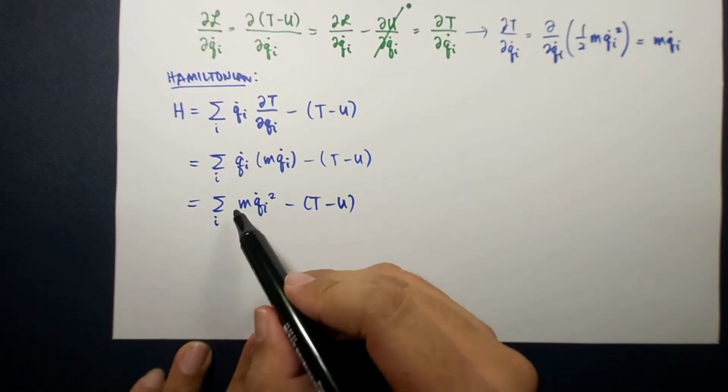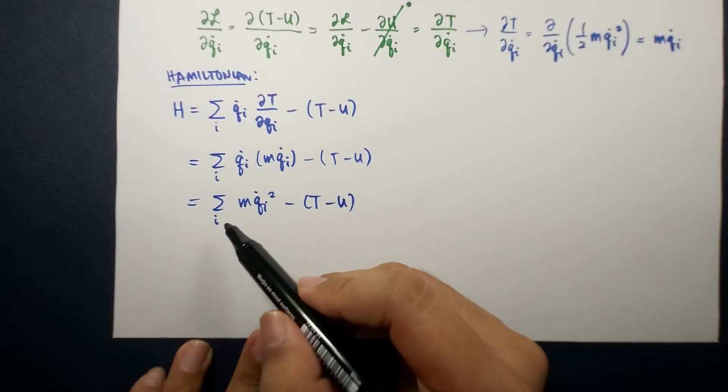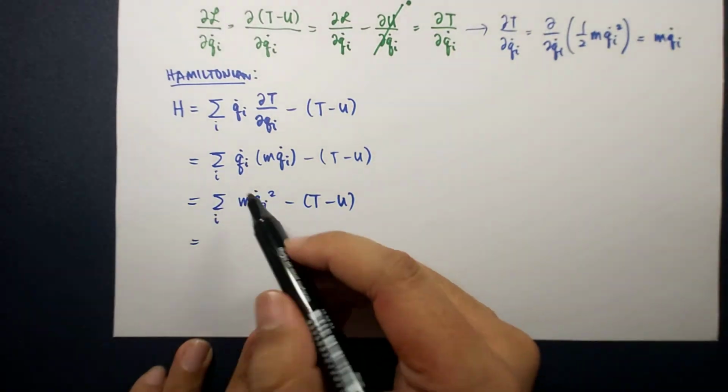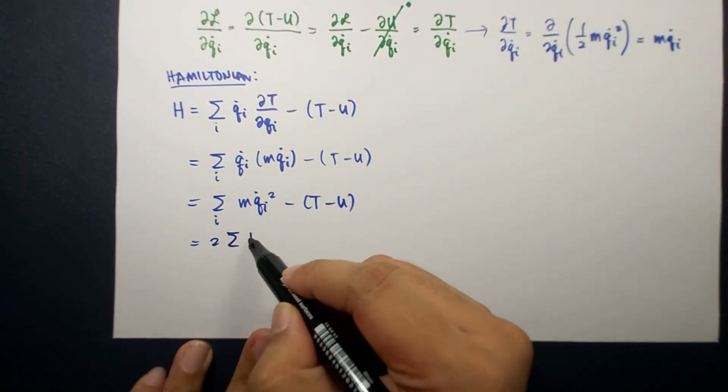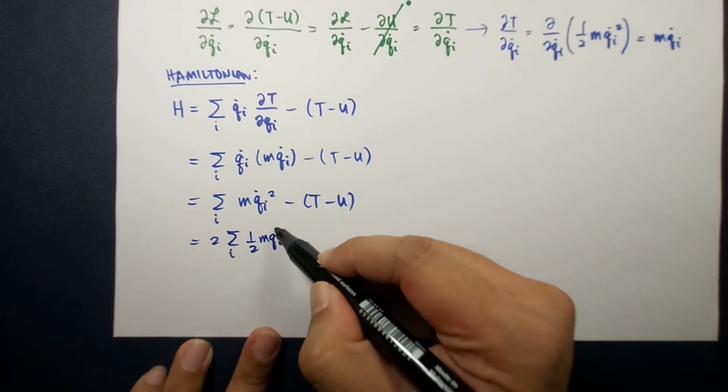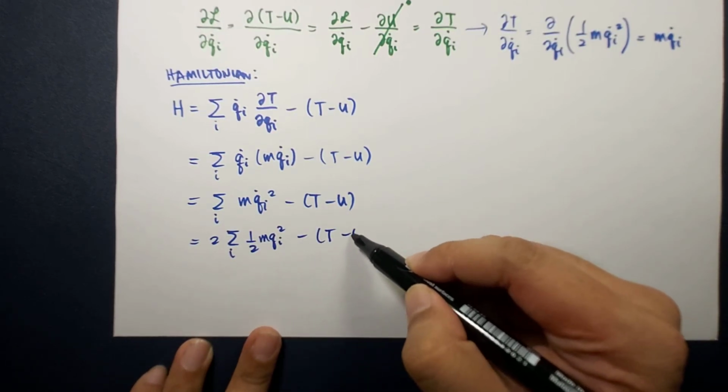Now, if we're going to multiply this by 1 equals 2 over 2, this term becomes 2 times the sum for all i's of 1/2 m qi dot squared, minus T minus U. And what is this?